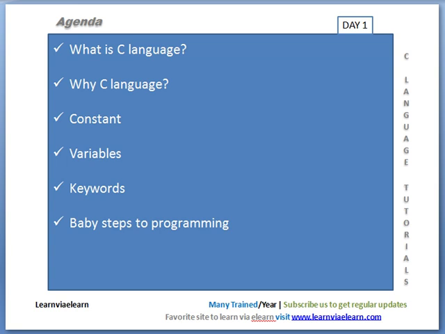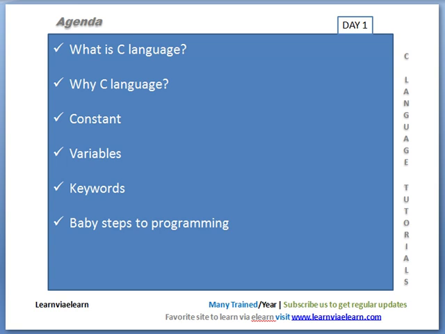And why C language? See, an opinion that is often heard today is that C has already been superseded by different languages like C++, C Sharp, Java, and all. So why bother with C language? Why bother to learn C language today? I believe that nobody can learn C++ or Java or any language, for example, Java, C Sharp, or anything, directly.